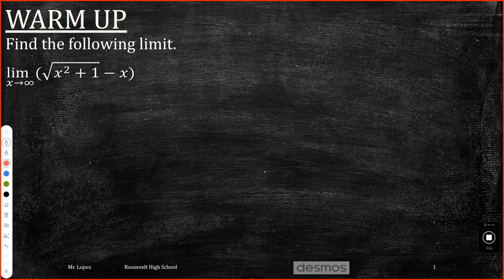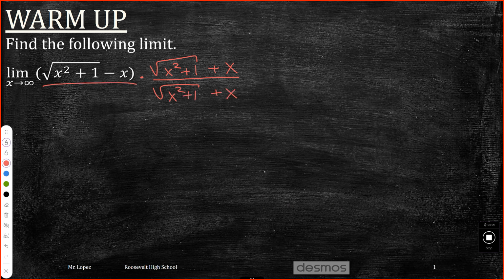Let's do it by multiplying by the conjugate, see what we get. Square root of x squared plus 1 plus x, and then we write the same thing on the bottom.